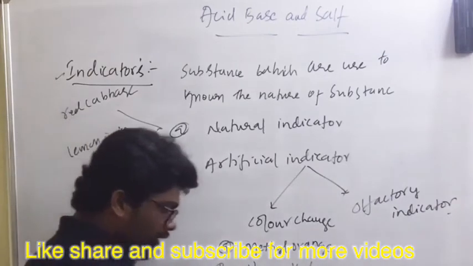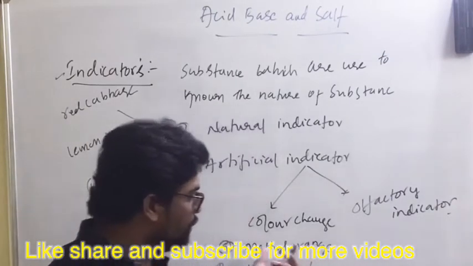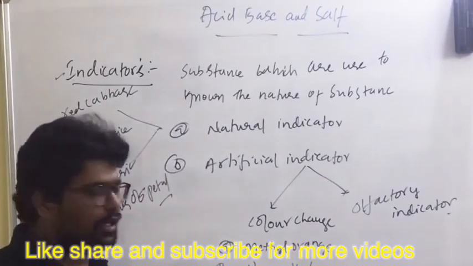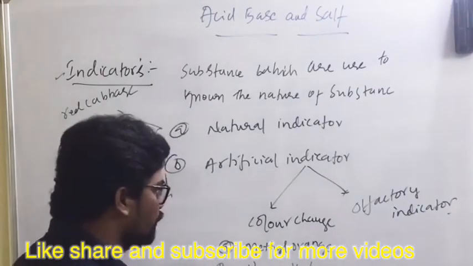How do we identify the nature of a substance with methyl orange and phenolphthalein? Let us find out.